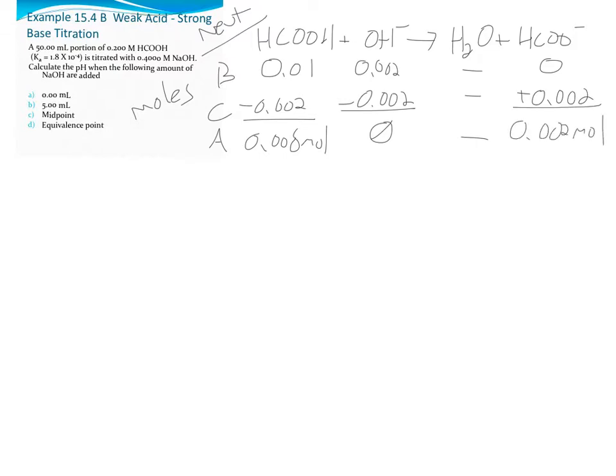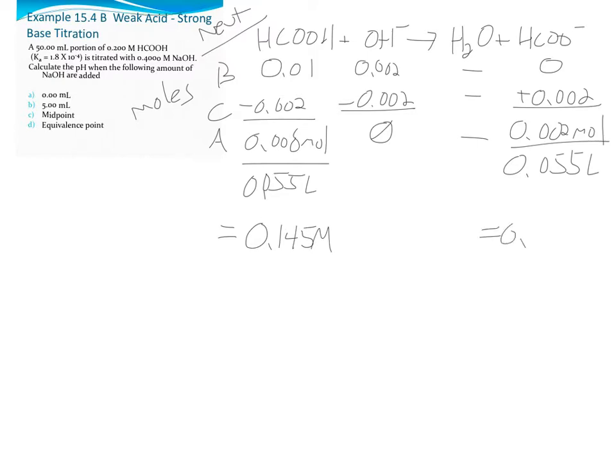moles. Now the volume's changed, so we have 55 milliliters, 0.055 liters. And we're going to get molarities of these. The formic acid is 0.145 molar, and my formate ion is 0.0364 molar.